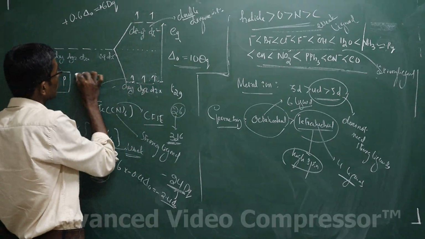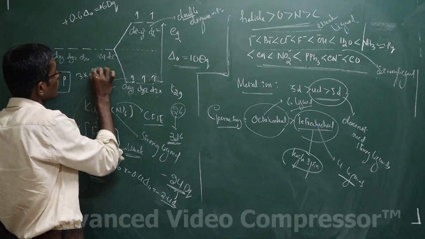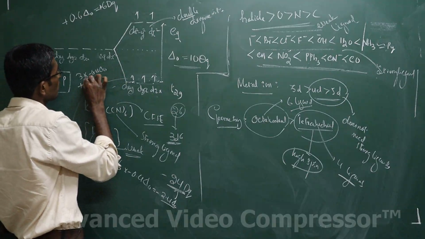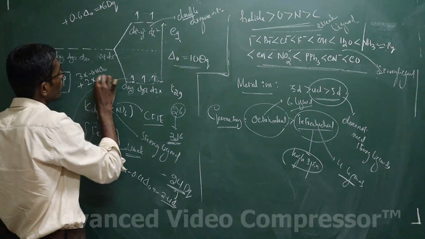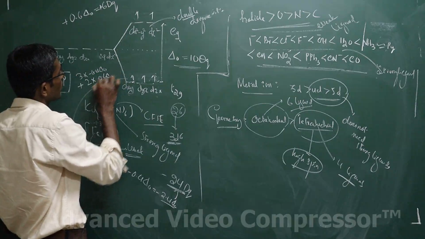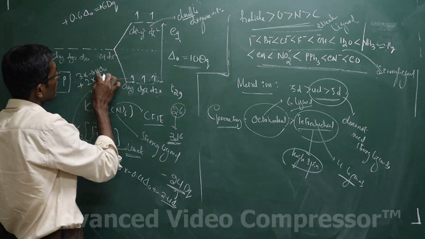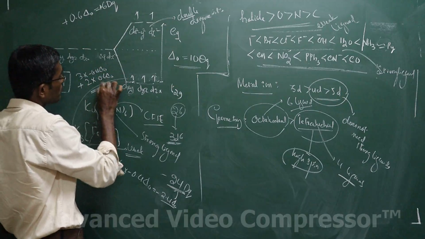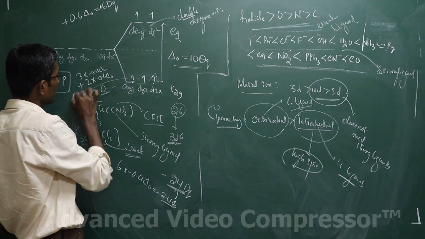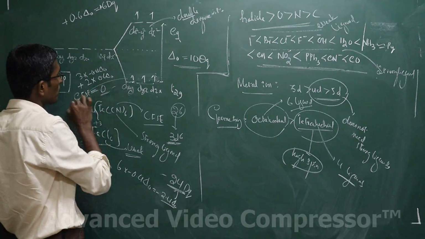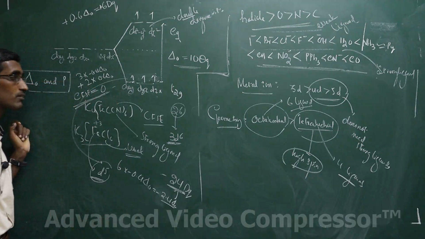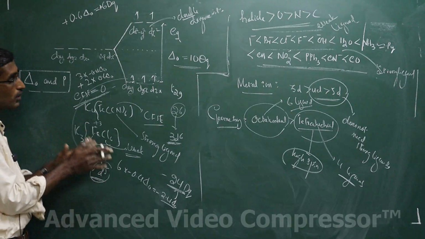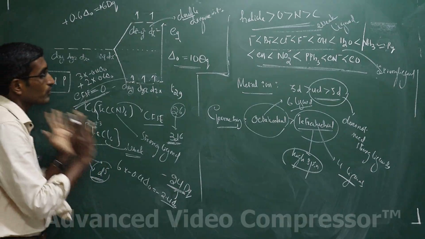That means 3 into minus 0.4 delta naught plus 2 into plus 0.6 delta naught. That is minus 1.2 plus 1.2, so the CFSE for this complex is 0. They may ask you which of the following complexes has 0 CFSE. This complex has 0 CFSE. You don't have to memorize it by heart, just keep it in mind, very simple.